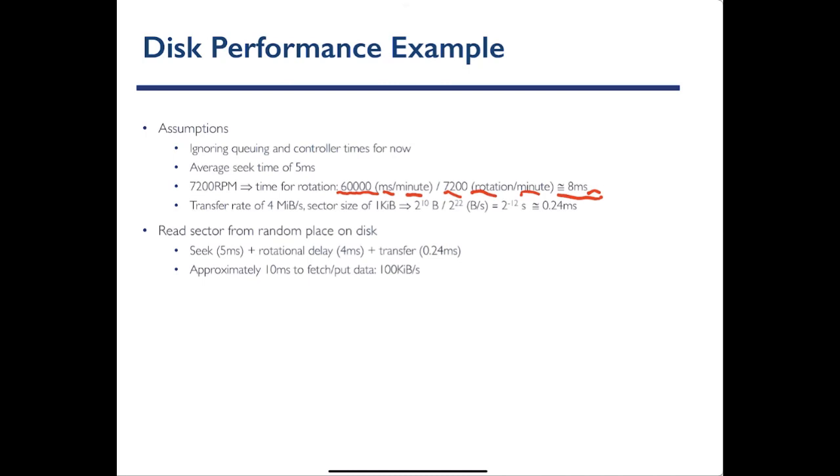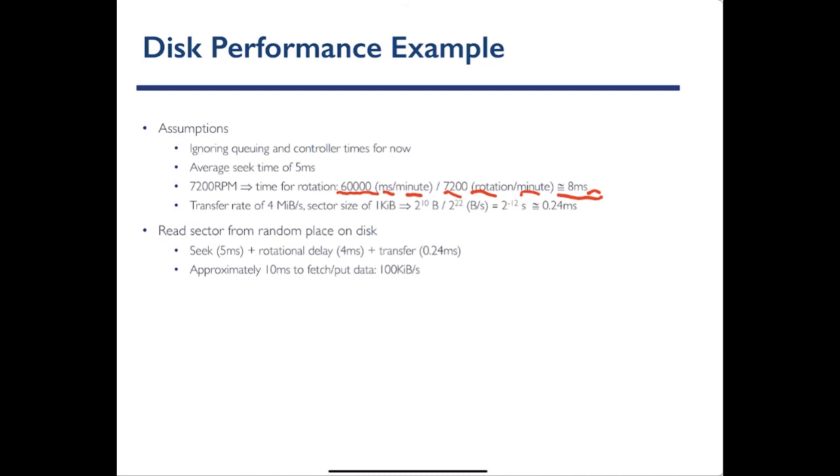Then, if you want to read a random sector, you're going to pay the seek time. You're going to pay a rotation delay. An average rotation delay is again half of the rotation, right? On average, you're going to have to rotate half of the disk.